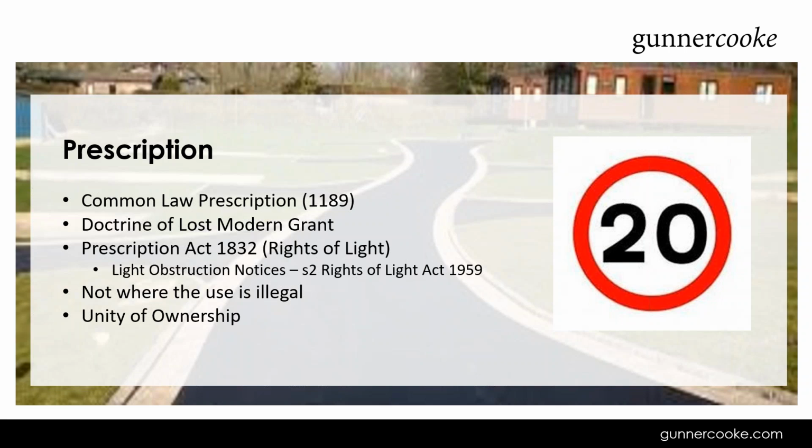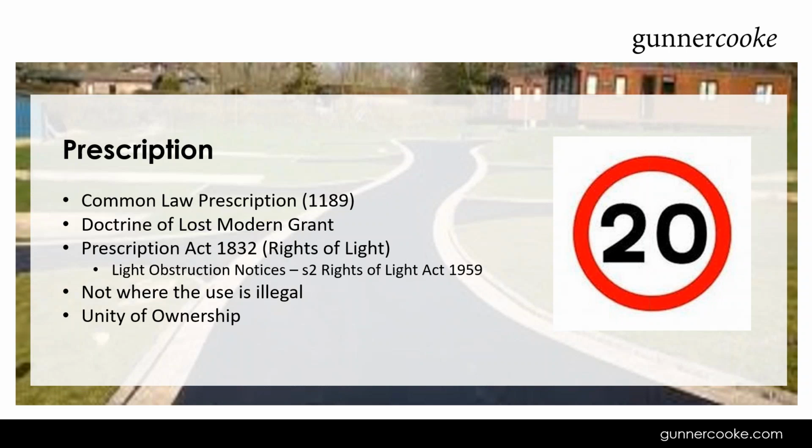One of the other things that's arisen out of that is light obstruction notices, which are worth knowing about, which is Section 2 of the Rights of Light Act 1959. Now, what these do is they help you prevent a right of light being acquired by interrupting the flow of light for a year.